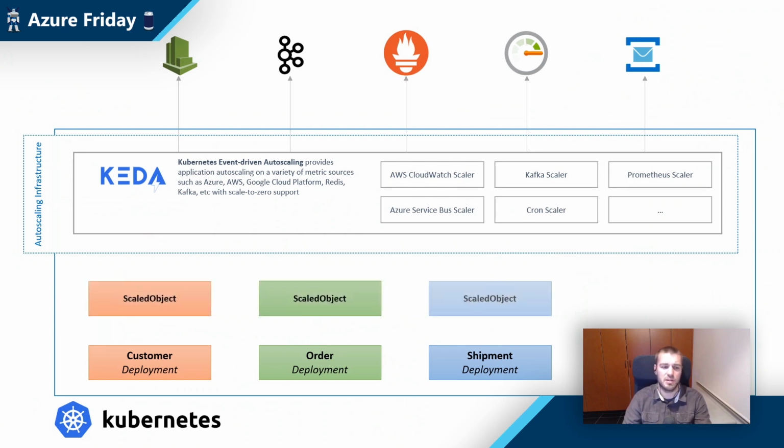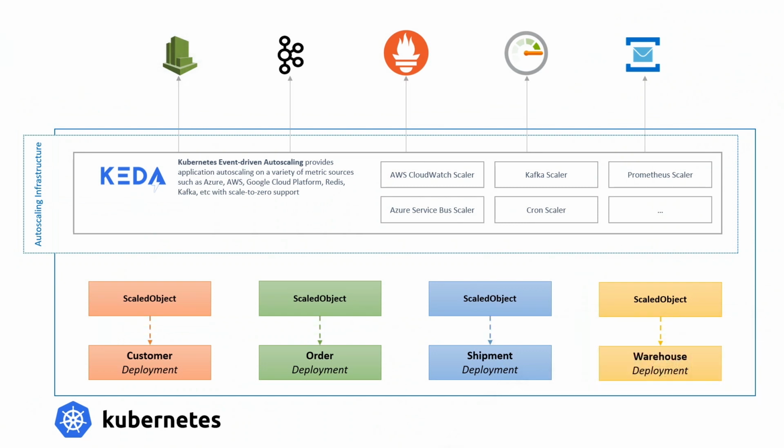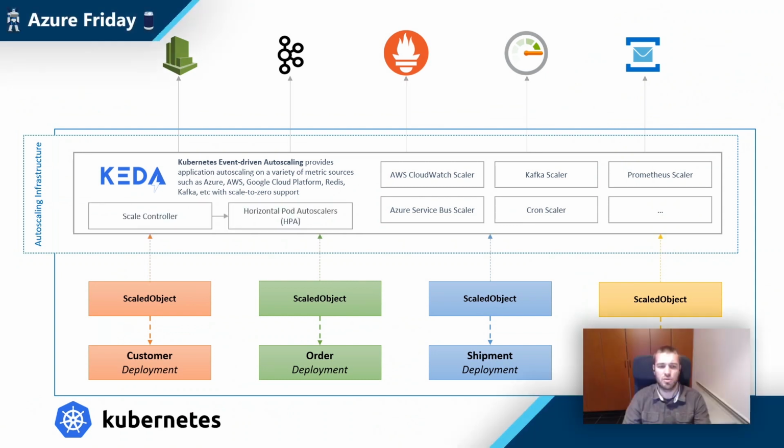Then you can deploy a scaled object, which defines how you want to scale and based on what. We manage all the rest using the scale controller, which uses the HPA under the hood. And we can do 0 to n scaling. So if there is no work, we will remove all the instances and optimize the cost. That's the whole promise of KEDA, basically.